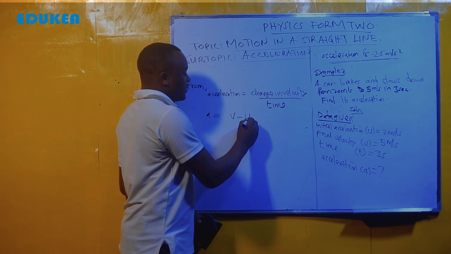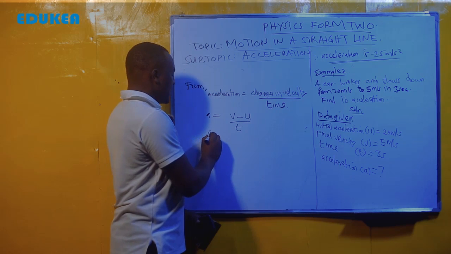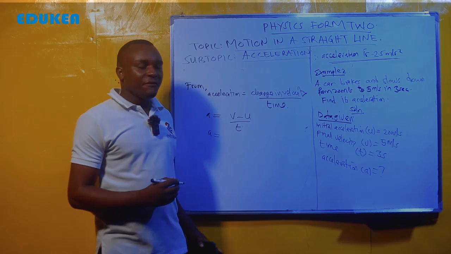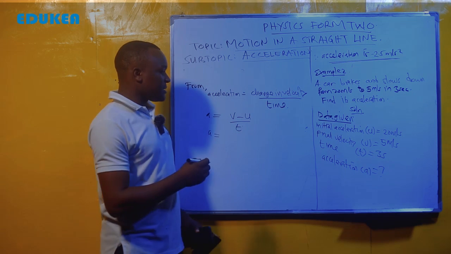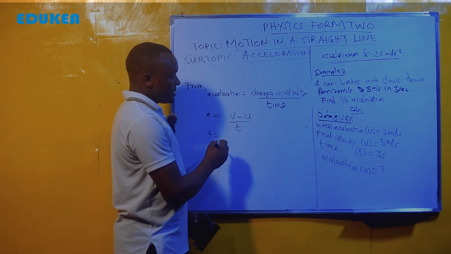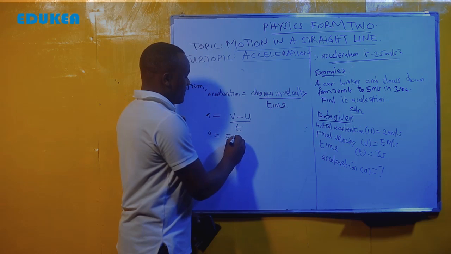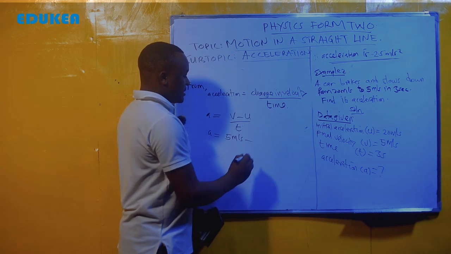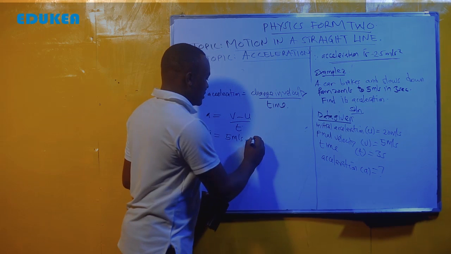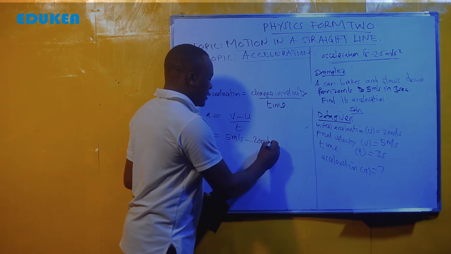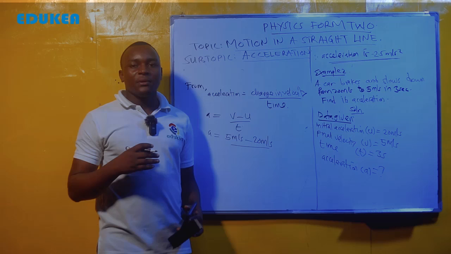The final velocity was 5 meter per second, the initial velocity was 20 meter per second, and the time taken for the car to brake is 3 seconds.